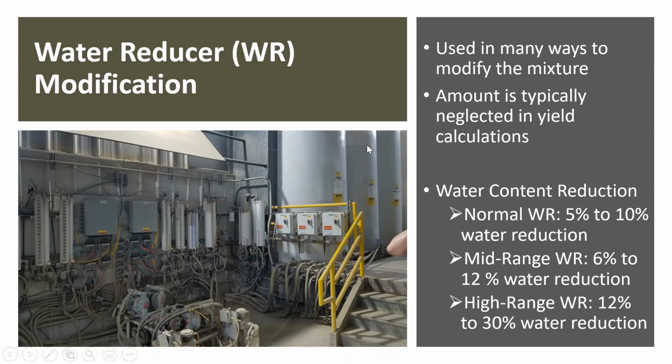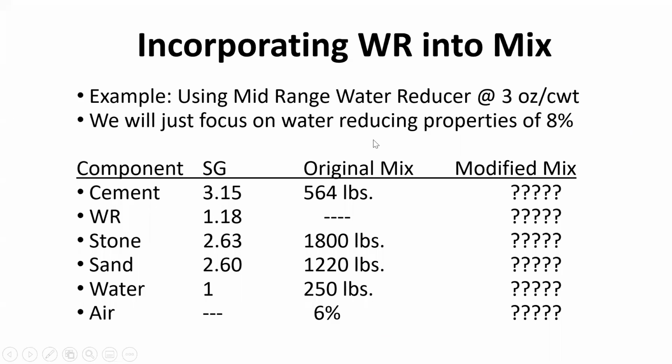So that's what we're going to go through in an example problem. Say we're using 3 ounces of a mid-range, and the admixture company says for this mid-range at 3 ounces, you're going to have 8% water reduction. So how do we reduce the amount of water in this mix if we're going to use a water reducer?